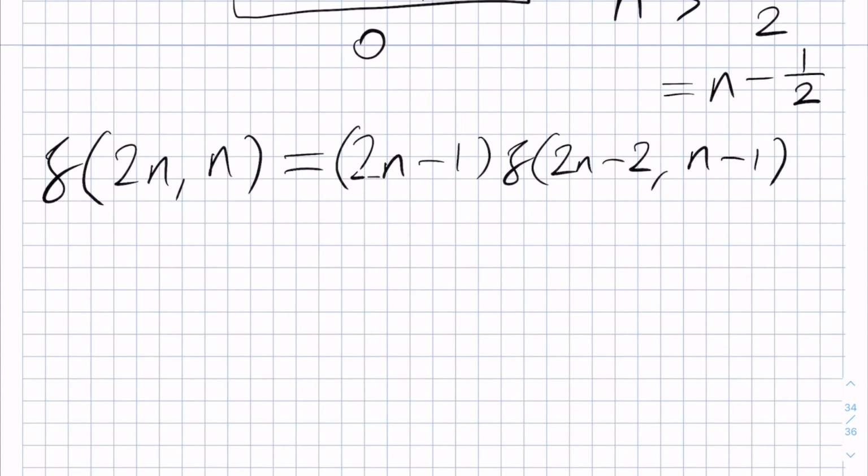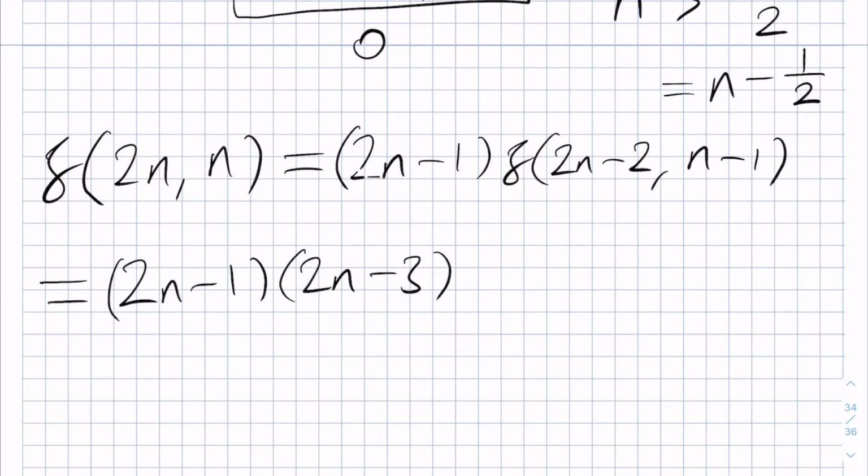For example, the next step would be 2n minus 1, and then we would have a 2n minus 3, f(2n minus 4, n minus 2). This is because we're just using this formula again here, but putting an n minus 1 in here, and hence everywhere else on the right-hand side.